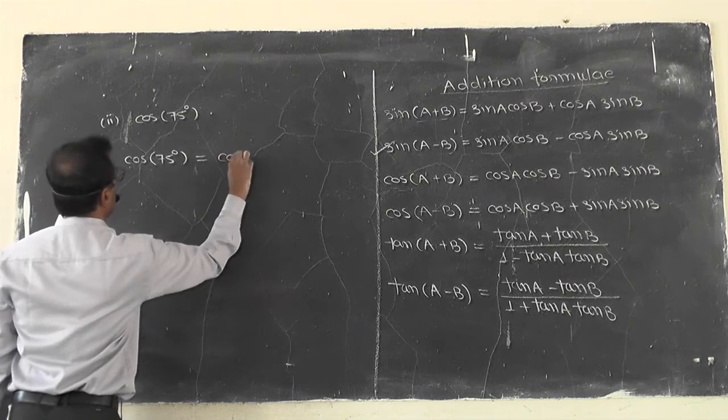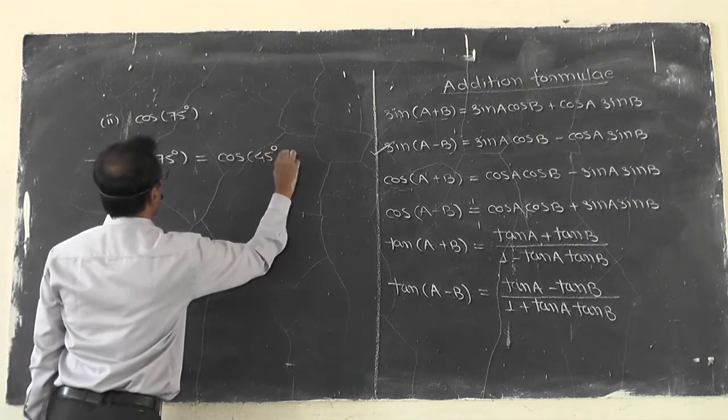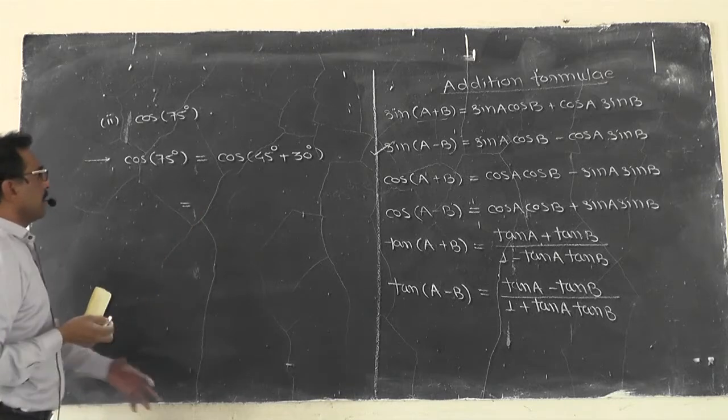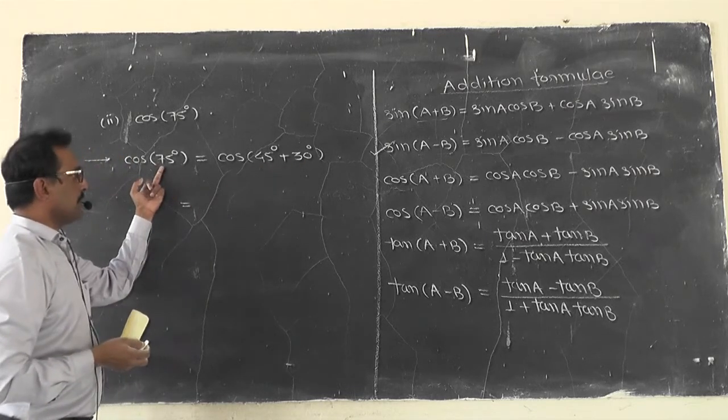Cos of 75 degree can be written as cos of 45 degree plus 30 degree. Is it right here? 45 plus 30 is 75.